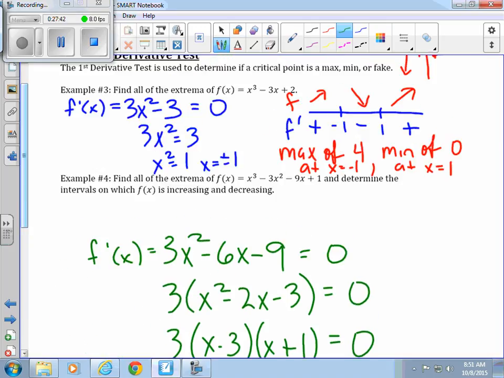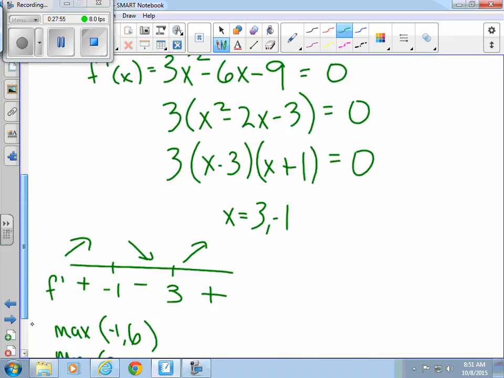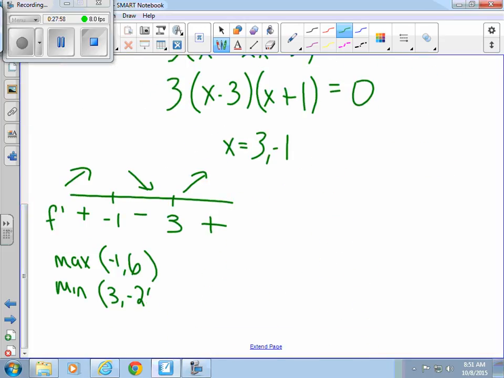Plug in 3: 27 minus 27, so that's 0. Minus 27. Plus 1. So -6. So you put in x to get the y, to get the point of where that maximum happens, the y value.